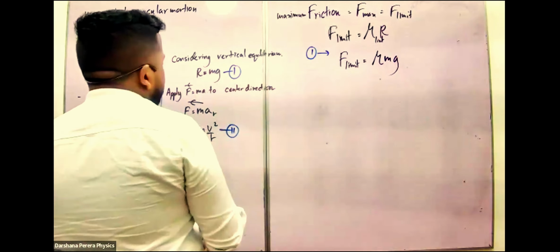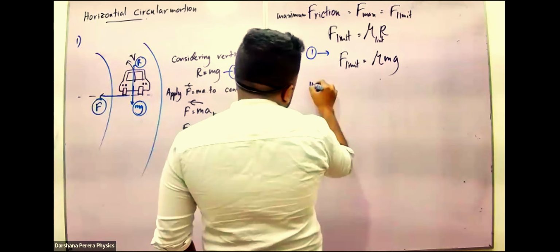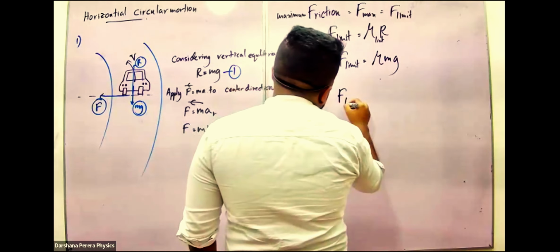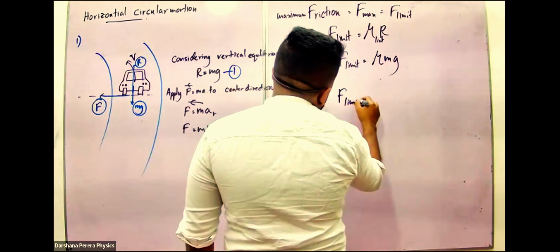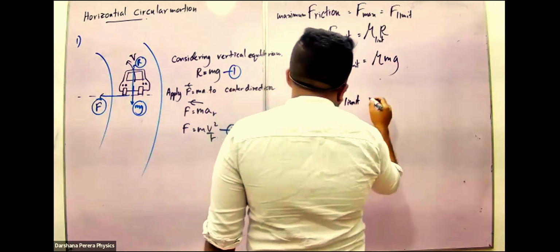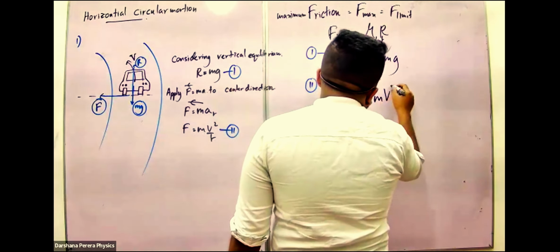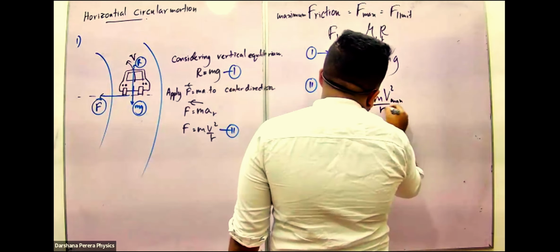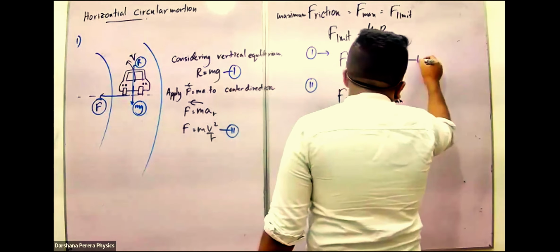Then from the second equation, we get F limit as m v square max over r.